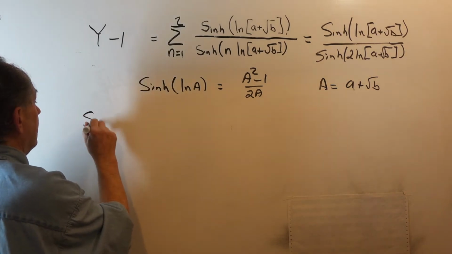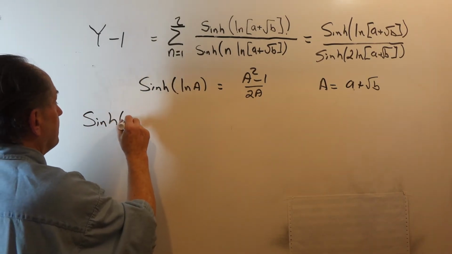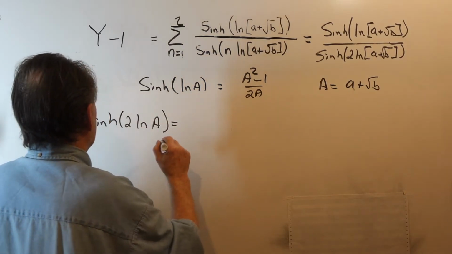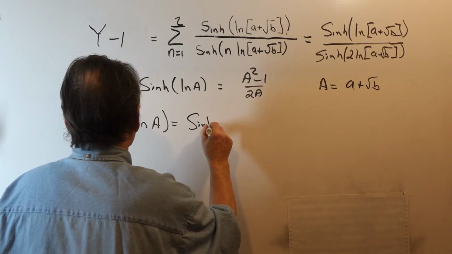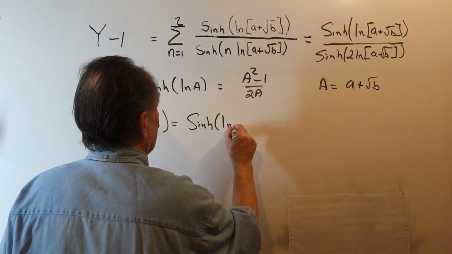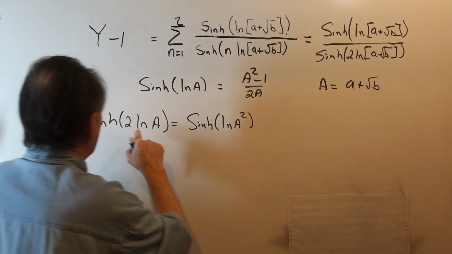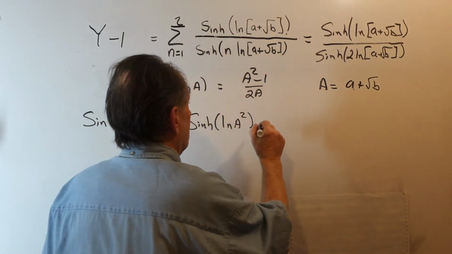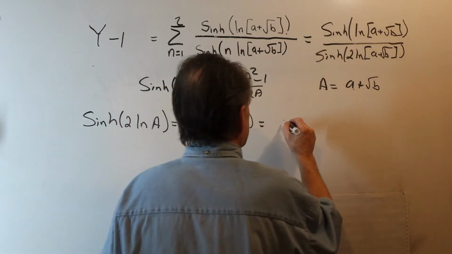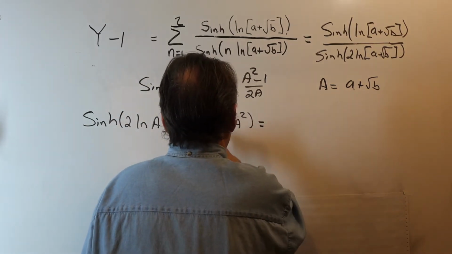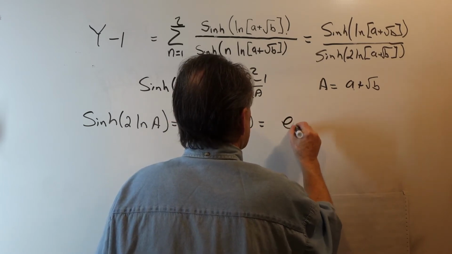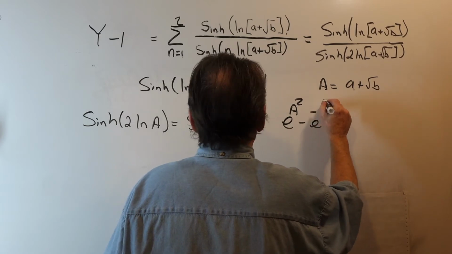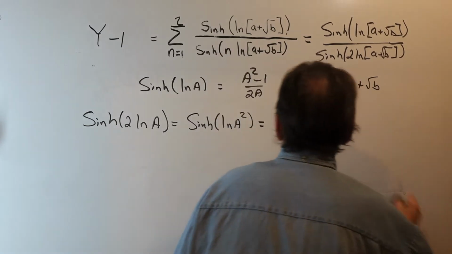So we have the hyperbolic sine of twice ln of a, and this is hyperbolic sine of ln of a squared. The 2 on the natural log can get moved over to the exponent. So using the definition of hyperbolic sine, this is e to the a squared minus e to the minus a, or not quite.